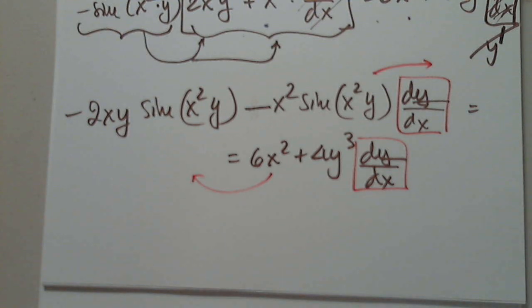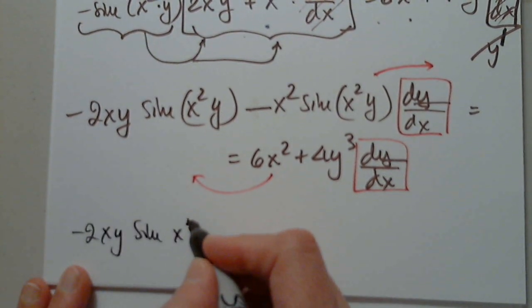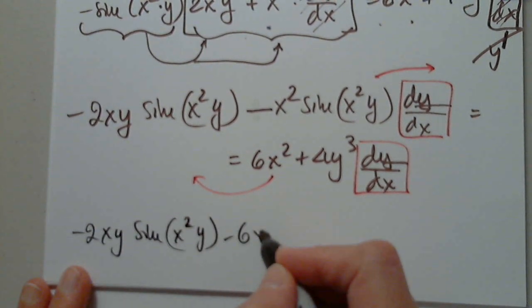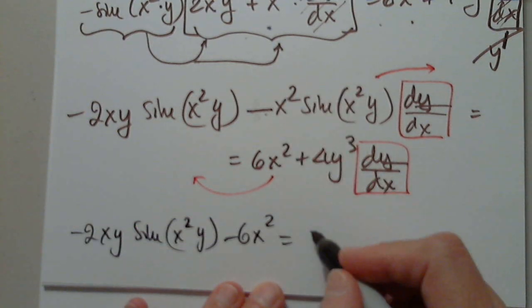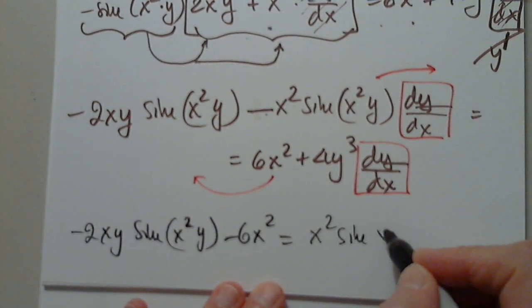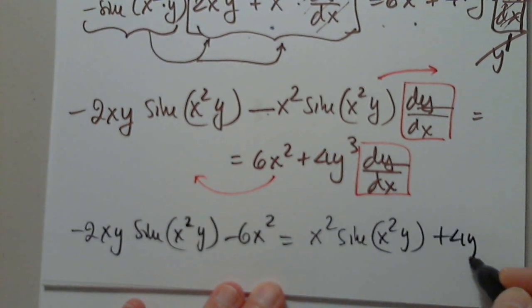So negative 2xy sine x squared y minus 6x squared equals, this was negative, so it would become positive, and then plus 4y cubed.